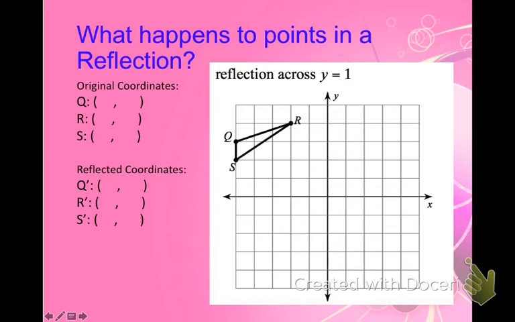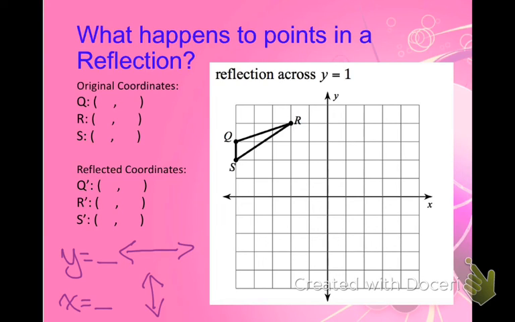All right, another one. So one thing that I want you to write down on your paper right now and circle it is that when you have y equals something, that's always going to be a horizontal line. When you have x equals something, that's a vertical line.